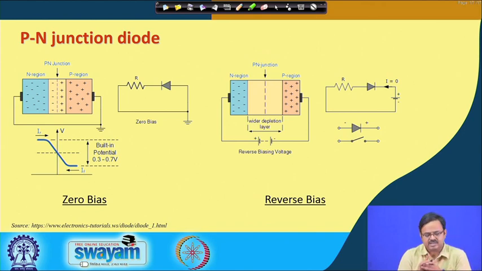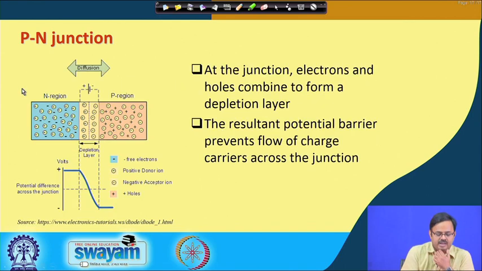In this depletion region, a potential difference is created as a result. Here you have no free charge carriers because the holes and the electrons have combined. On the left side you have free electrons, on the right side you have holes which can accept electrons.